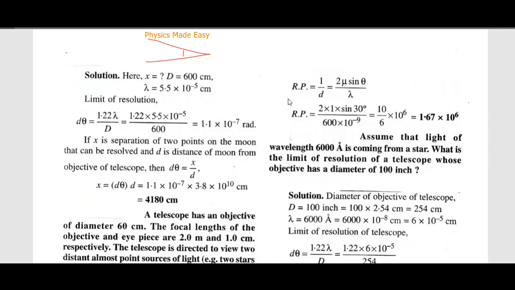If d theta is such an angle, and this distance is given to us, this distance is capital D, or the radius vector is capital D, then obviously x divided by capital D is equal to d theta.